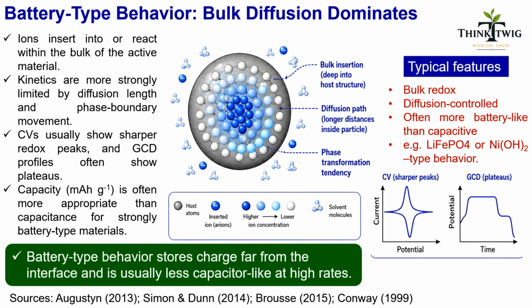So the difference between intercalation pseudocapacitance and battery-type insertion is not simply ion outside versus ion inside. Both may involve ions entering a structure. The decisive issue is kinetics and the degree of diffusion control.